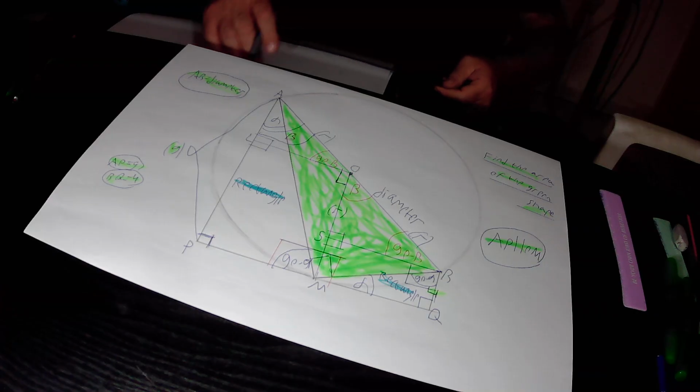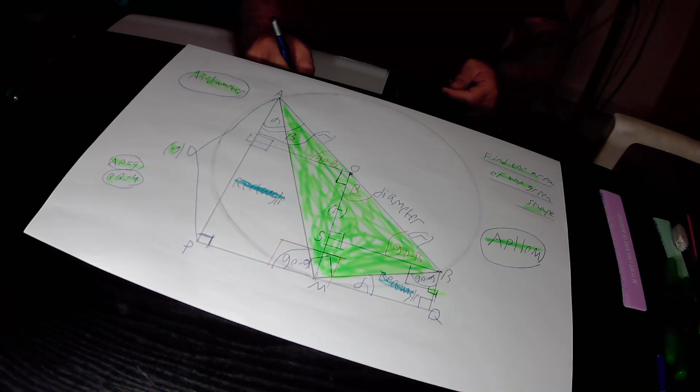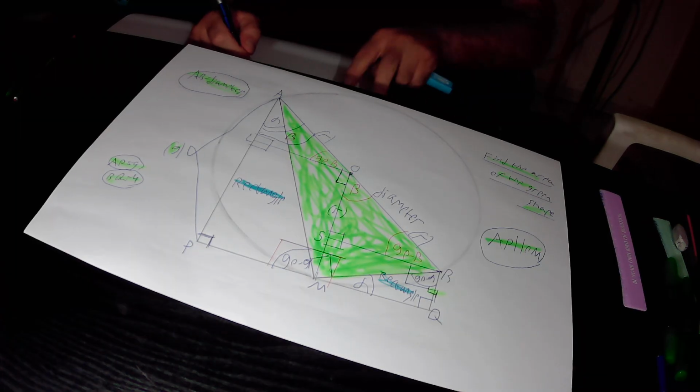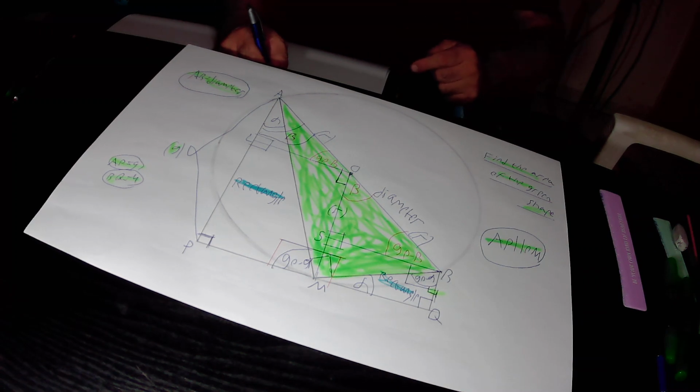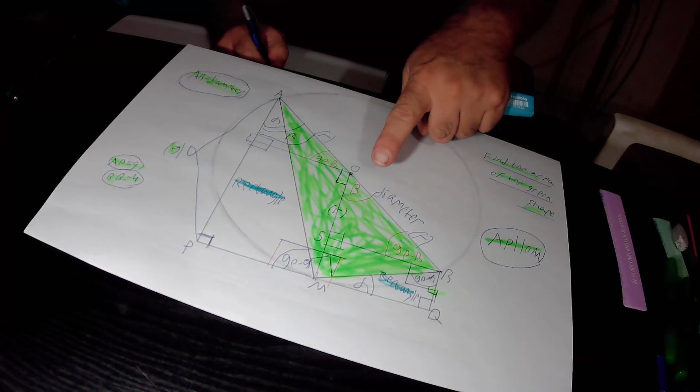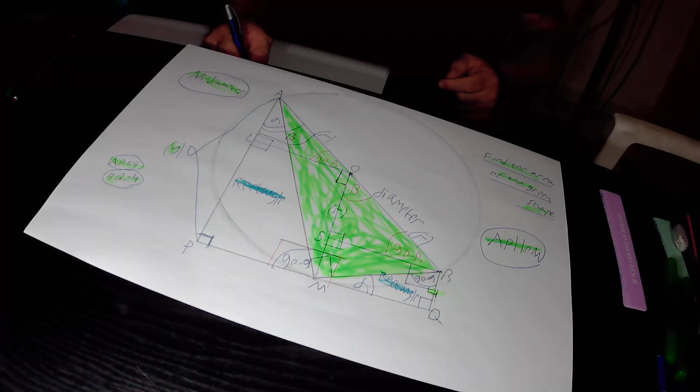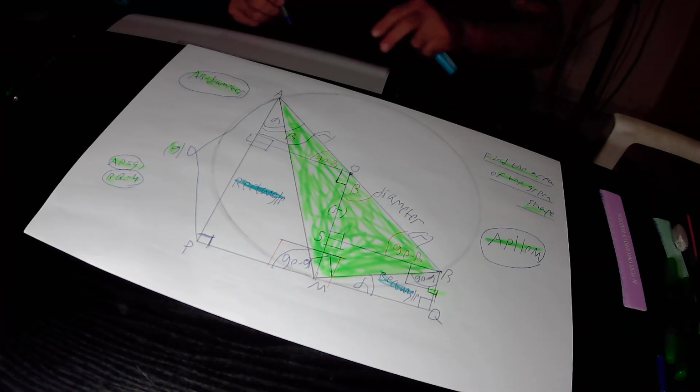So we have to prove that the right triangle ALO can go into this green right triangle OSB according to the side angle rule.